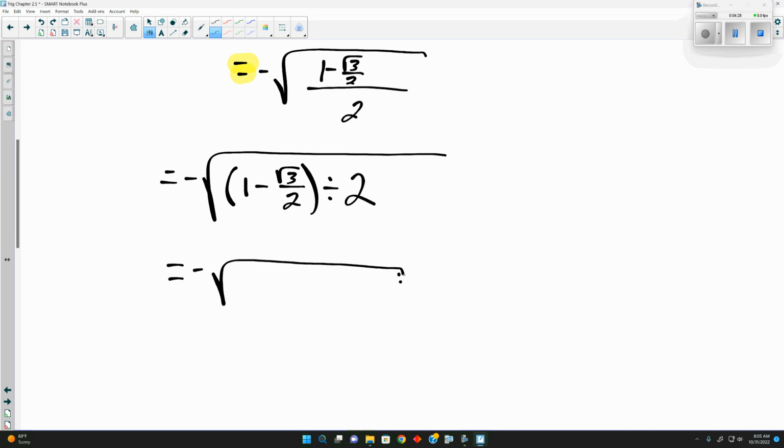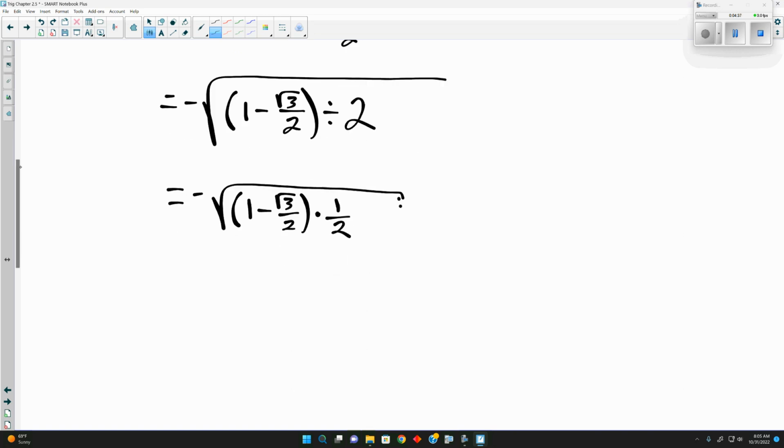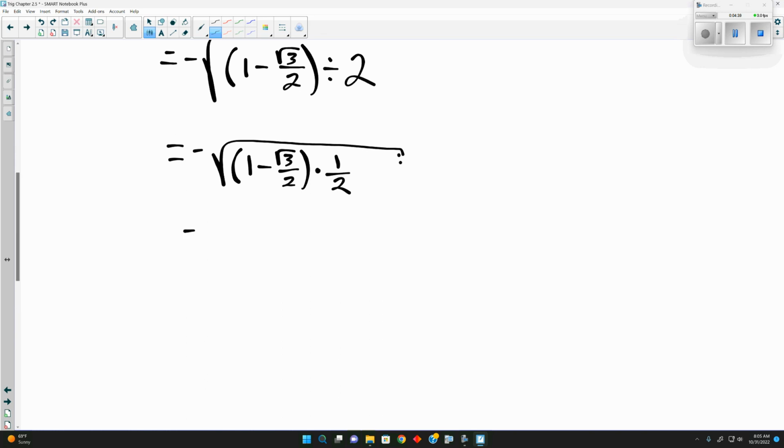And especially since we do have a fraction, we need to change it from division to multiplication and flip the second term, which at this point we can multiply through, which will give us 1/2 minus square root 3 over 4.